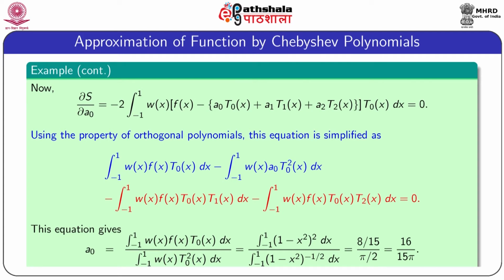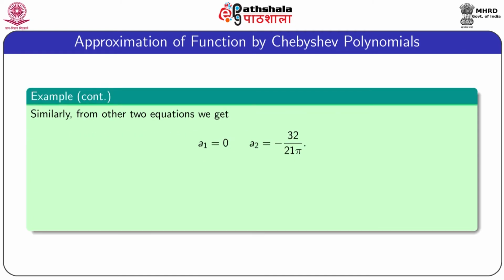From the remaining equation we can find the value of a0, as the numerator is integration minus 1 to 1 of w(x) f(x) T0(x) dx, and the denominator is integration minus 1 to 1 of w(x) T0(x) power 2 dx. After integration, the numerator becomes 8 by 15 and the denominator becomes pi by 2, which is equal to 16 by 15 pi. Similarly, from the other two equations we get a1 equal to 0 and a2 equal to minus 32 by 21 pi.